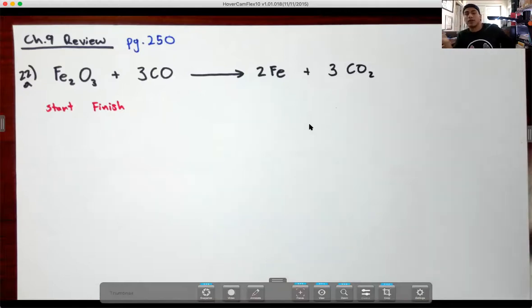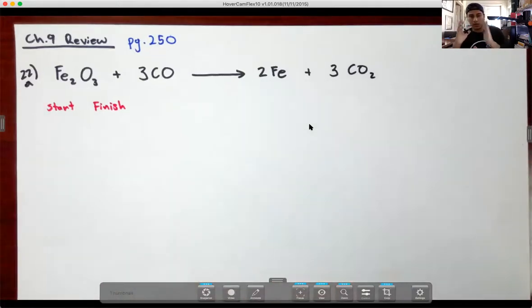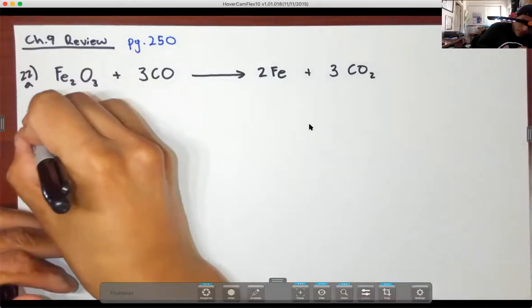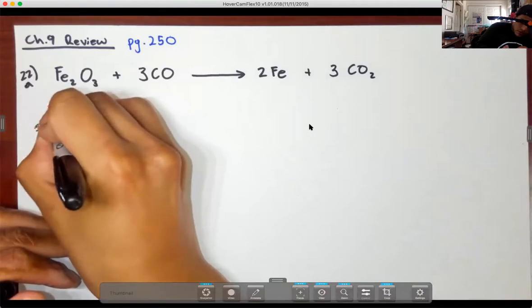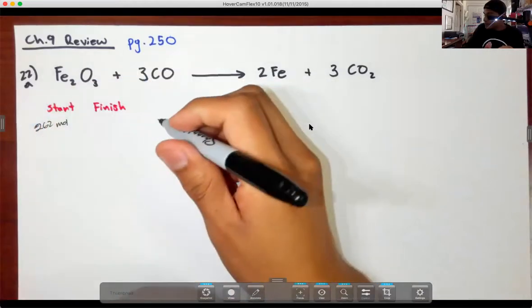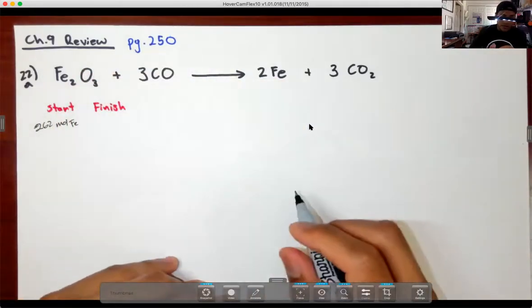Yeah, exactly. So that's kind of a dead giveaway. Sometimes you'll have multiple things, but for the most part, it's just going to be one thing that they give you. So they're giving you 262 moles. 262 moles of what? Of Fe, of iron.